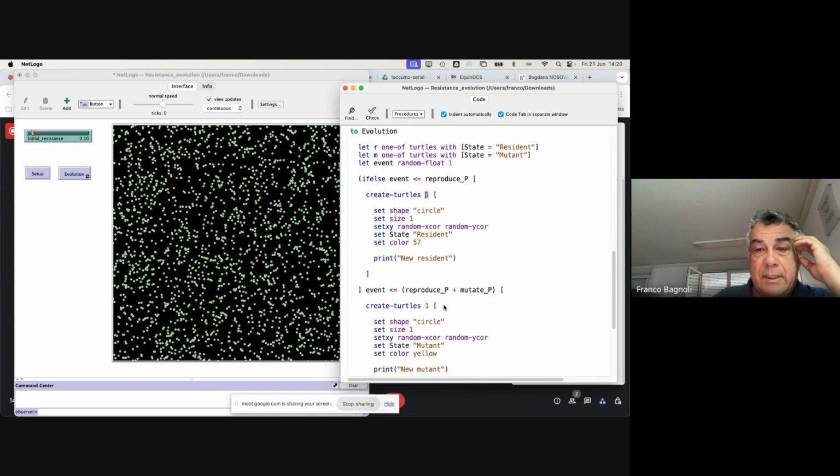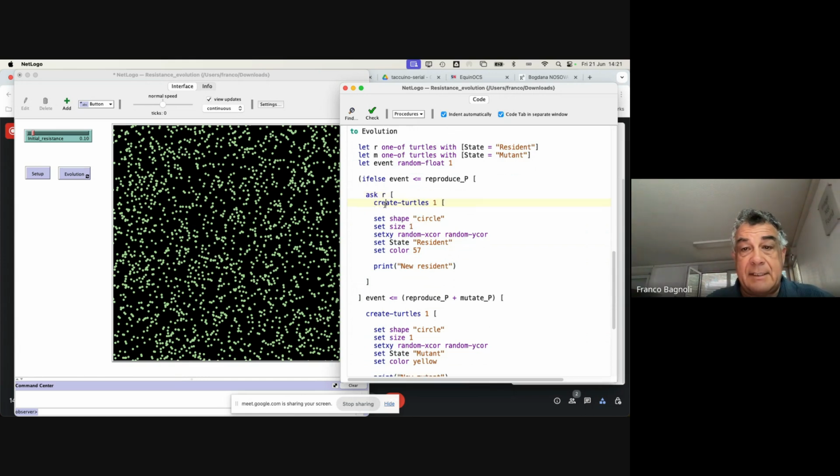Okay, but maybe this could be an action done by the resident. Especially if you want to model growth of a colony. So maybe this could be ask R, and in this case it is hatch.